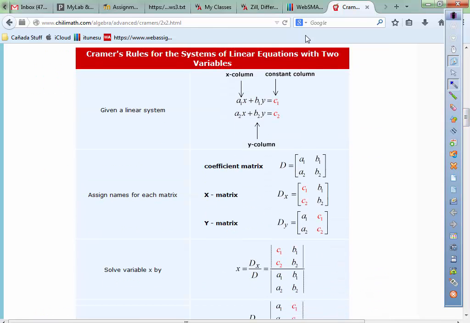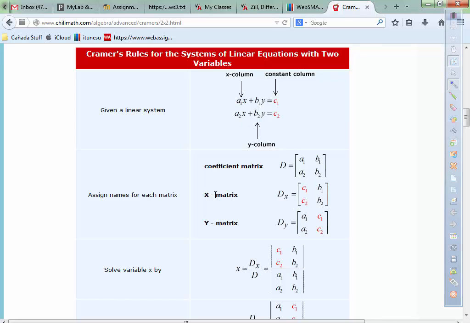Okay, here it goes. So you have a system of linear equations, and Cramer's rule allows you to find the solution to a system of linear equations kind of quickly with matrices. What we have here is A1x plus B1y equal to C1, and A2x plus B2y equal to C2. They have you construct a coefficient matrix, which is just the matrix for A1 and B1, A2 and B2.